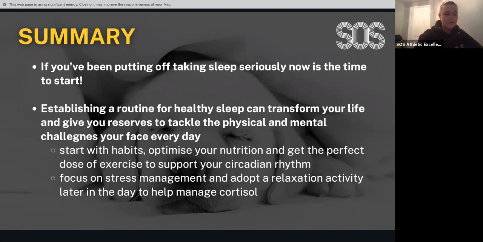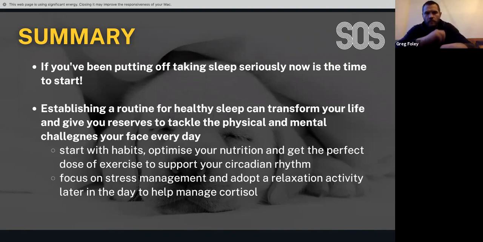In terms of key takeaways, establishing a routine can really help transform your life. It will give you the reserves to tackle the physical and mental challenges you face every day. So in terms of what you do now, start with the habits we talked about in the first part of today.